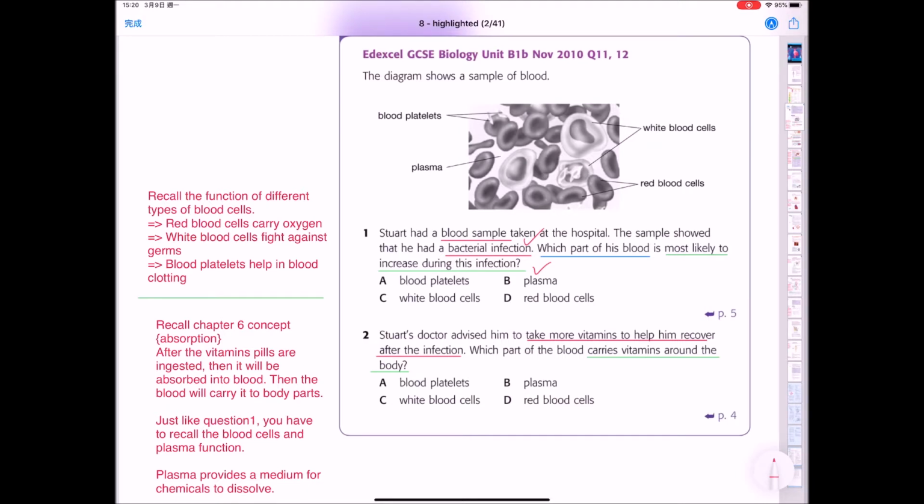But some MC, short questions or long questions may not give you the names. They may give you the letters P, Q, R or S, and then ask you what is cell P or what is cell Q, or maybe say cell P is responsible for carrying oxygen, and then ask you to name some characteristics of that blood cell.